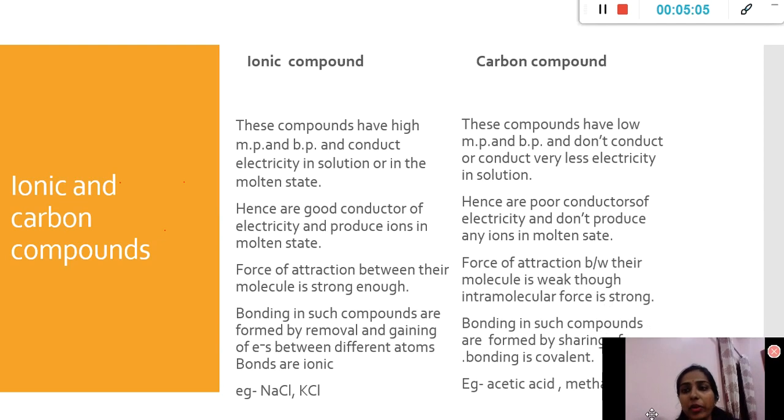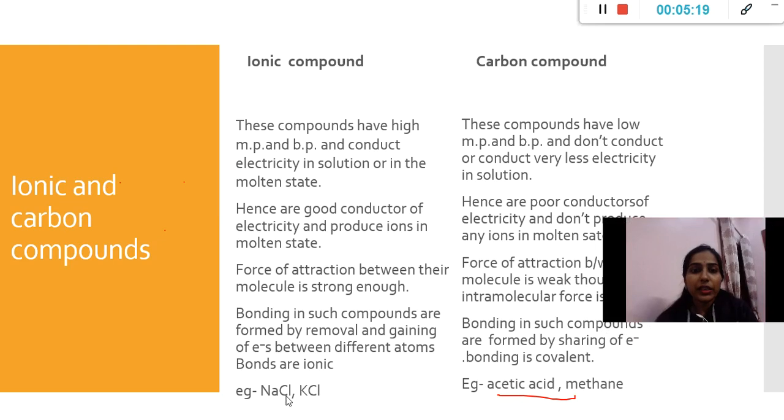Hence, their melting and boiling points are very low. Bonding in such compounds is formed by the sharing of electrons, and that bonding is called covalent bonding. Examples of carbon compounds are acetic acid and methane, and examples of ionic compounds are NaCl and KCl.